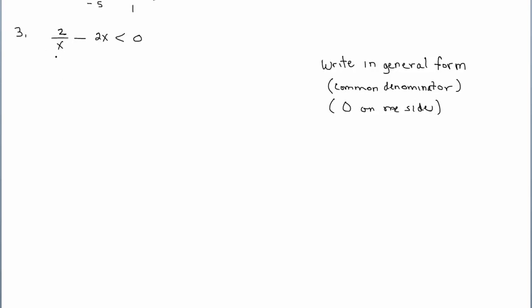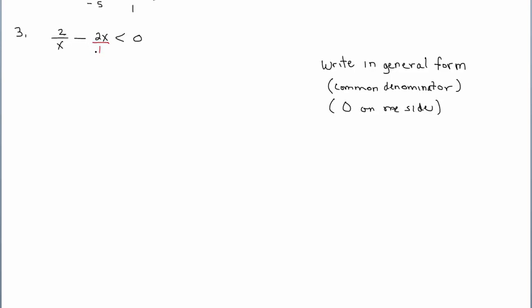If our rational inequality isn't already in general form, well, it does already have a 0 on one side of the inequality. That's 0 on one side. Okay, we also need to rewrite this as a single fraction. Rewriting as a single fraction is another way to say, let's get a common denominator.